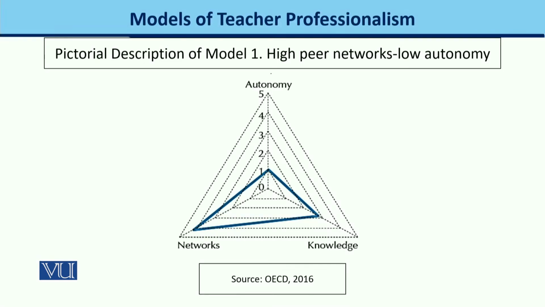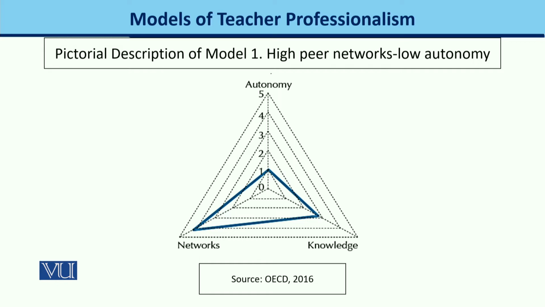Look at this pictorial description of model 1. On the left side, you will see network, on one side you will see knowledge, and on the other side there are three angles of this, like a pyramid, a triangle. These are three basic elements of the first model, second model, third model, fourth model, fifth model. But the level of focus varies from model to model.